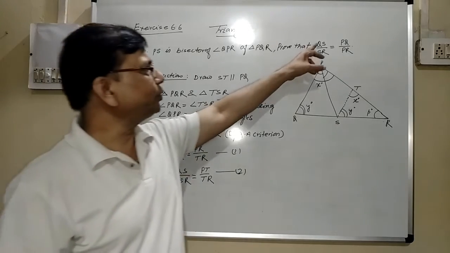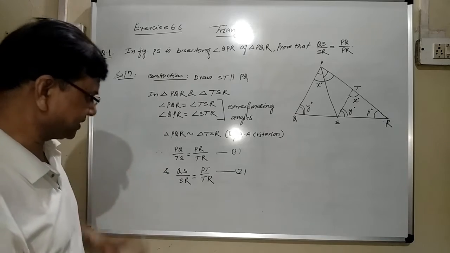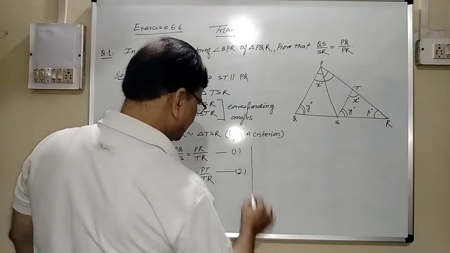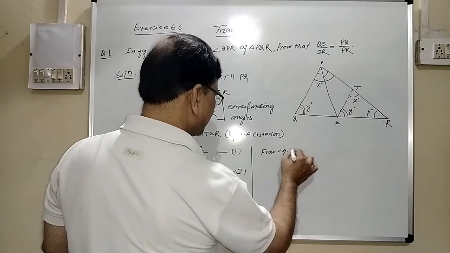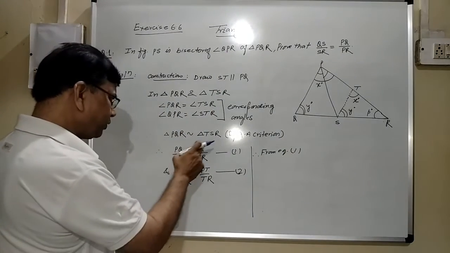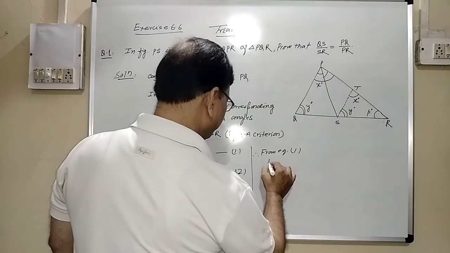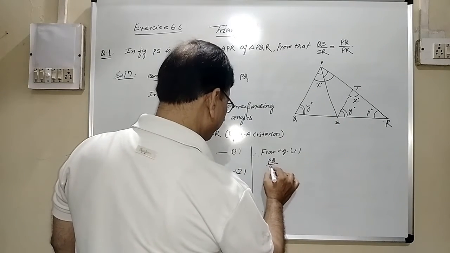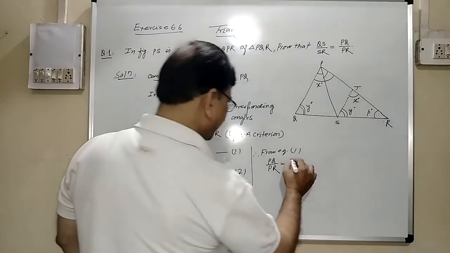What is required? QS upon SR is equal to PQ upon PR. Therefore, from equation 1, PQ upon PR, by cross multiplication, we will get PQ upon PR equal to TS upon TR.